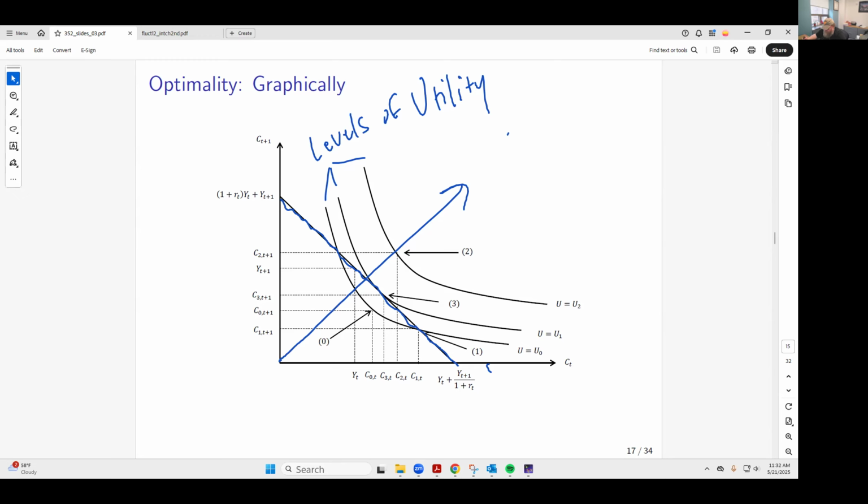And so ultimately, utility maximization ends up being a game of what's the best I can do with what I have. And so we learned that there is a mathematical optimization here.